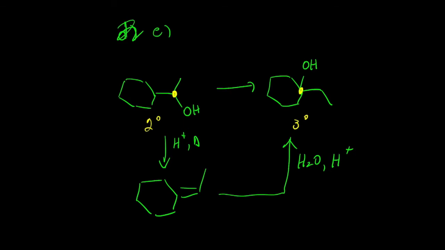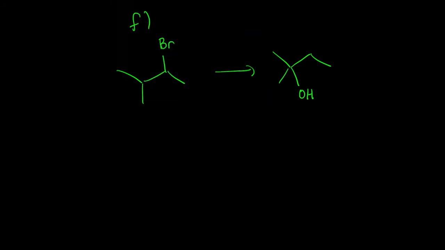For molecule F, this is a good problem here. Let's see. So we've got an alkyl halide, and we're changing that to an alcohol. Now we can't just think, oh, this is a substitution reaction, because something else is going on here. We've got bromine here, and then we have OH there.